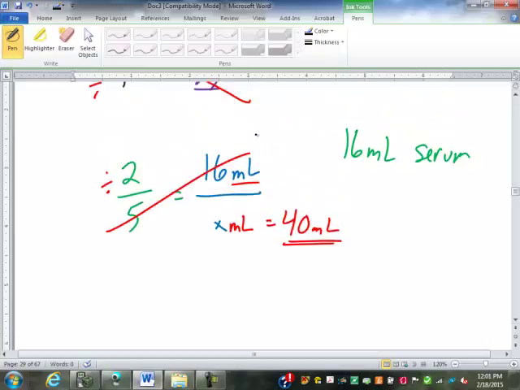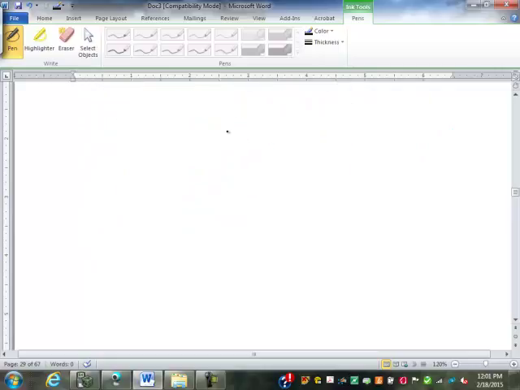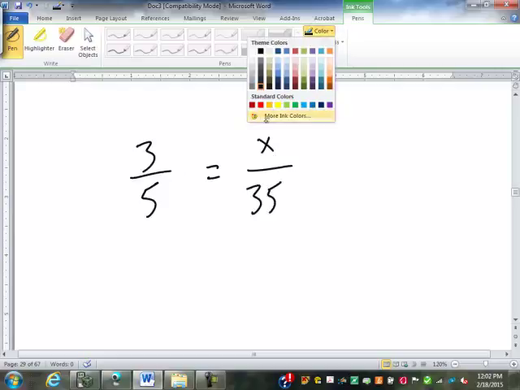Well, sometimes this whole cross multiply and divide doesn't work out. We can run into proportions where it's just not set up to be nice and neatly done. Now, if you recall, what we're really doing there, let's say we have 3 to 5 is x over 35. The cross multiply and divide is a shortcut for the actual process of just cross multiplying.